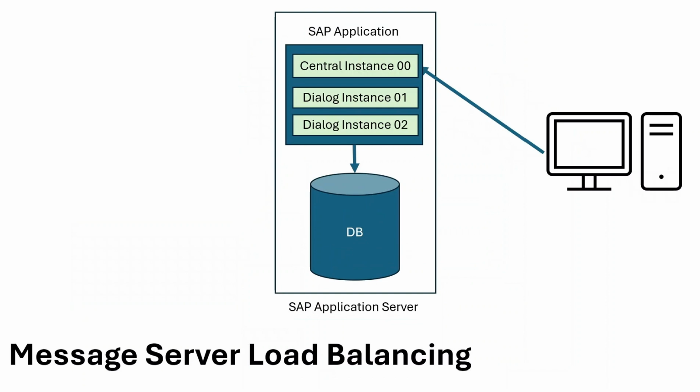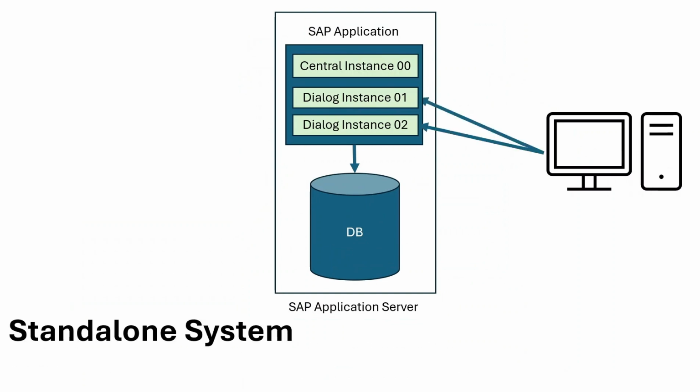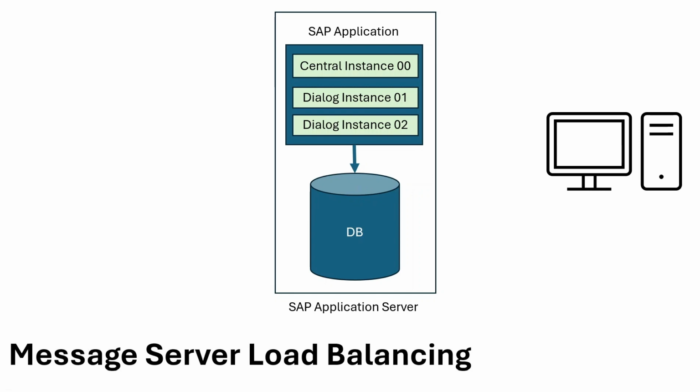Usually what used to happen is that we connect directly to the dialog instance, and the dialog instance does all the work. But in this case, the user will be connecting to the central instance. And what does the central instance do? The central instance has all the information, right?